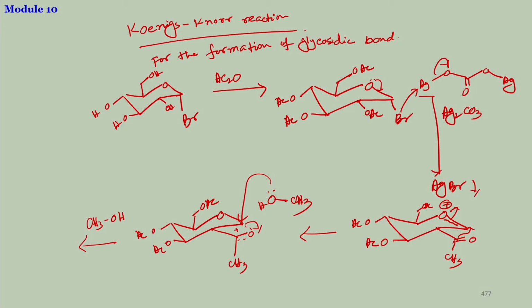So, that triggers the stereochemistry. So, it will be OCH3 up the plane, and the rest will come as it is, OAc, OAc, OAc, CH2OAc, and by ester hydrolysis you can cleave the acetate and get your hydroxyls back. So, this is the formation of the glycosidic bond, one of the reactions which you can use to form the glycosidic bond.